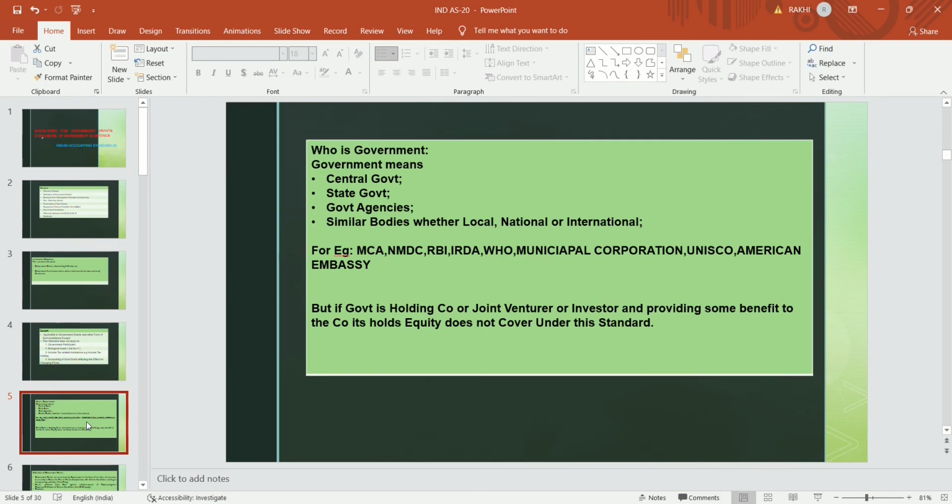As I mentioned, government participants, those who are the holding company, joint venture investor, holding any equity and giving any kind of assistance or benefit to the company, are not covered under this standard.